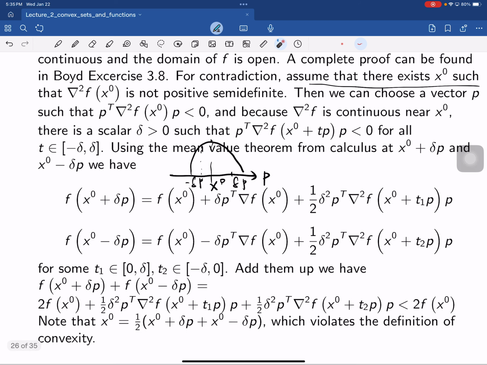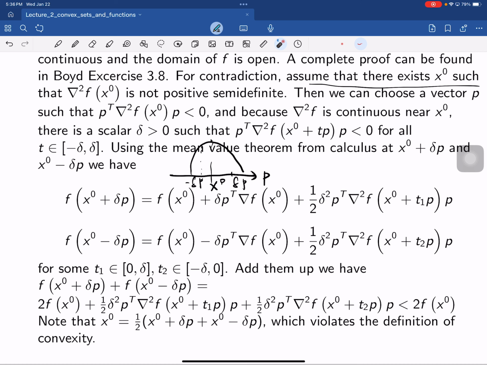So if you do the Taylor series expansion at x0, you have the exact gradient here, but in the second order, because of the mean value theorem, or Taylor series expansion with Lagrange remainder, you know there exists a T1 between 0 and delta such that this approximation is exact, okay?